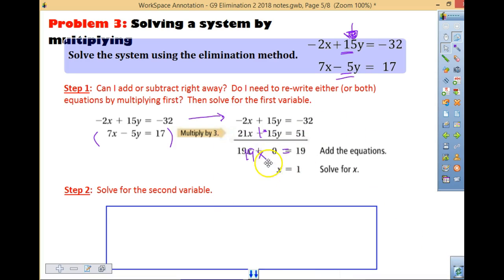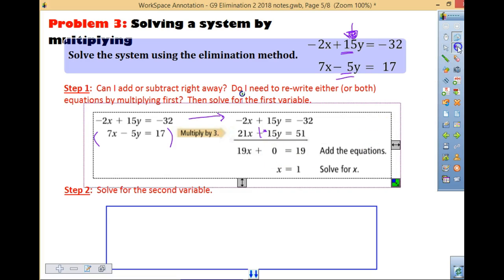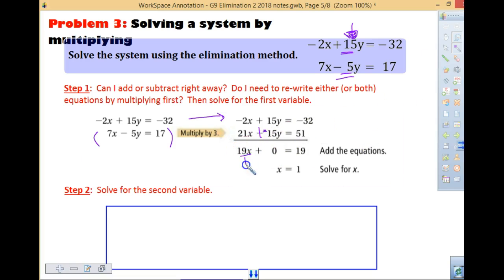So we get 19x plus 0 equals 19. We are going to divide both sides by 19, and our solution is 1. Now some of you at this point, this last step of dividing by 19, if you have 19x equals 19 and the next step you write down x equals 1, I'm probably going to be okay with that, because you've been solving enough equations.